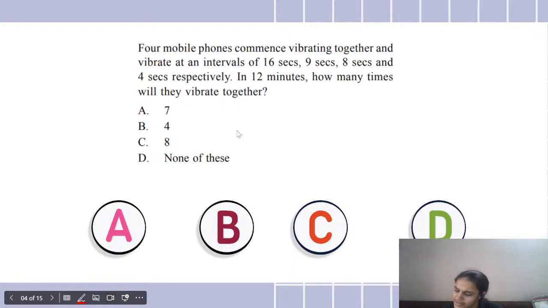Okay, so Satish has written the answer C. Okay, Satish, let's wait for the others also to give the answer. अच्छा, डिलीट कर दिया.